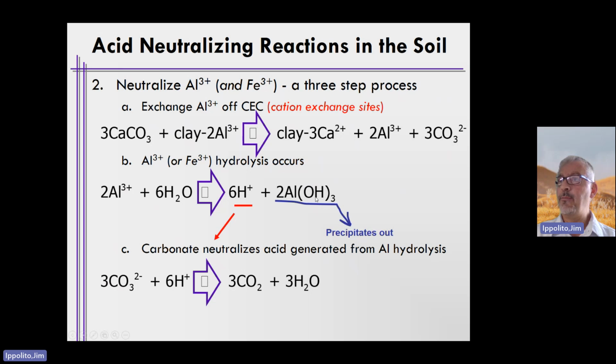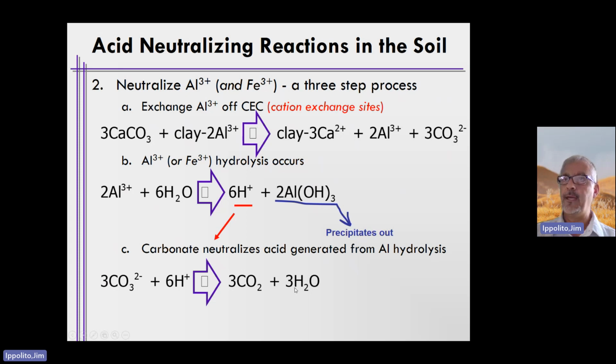And it forms a mineral called gibbsite, which precipitates out. It's a solid phase. Then what happened? We just generated more acidity. Oops. Well, it just so happens that these 6 hydrogen ions can react with the carbonate from step letter A up here, and the carbonate reacts with the free hydrogen ions to neutralize the acidity.